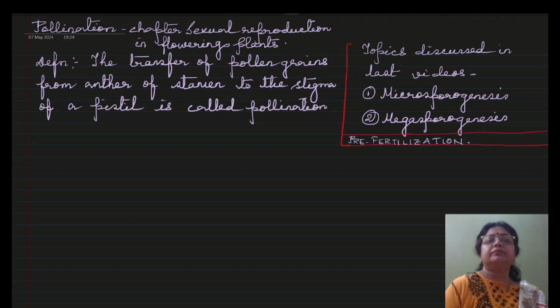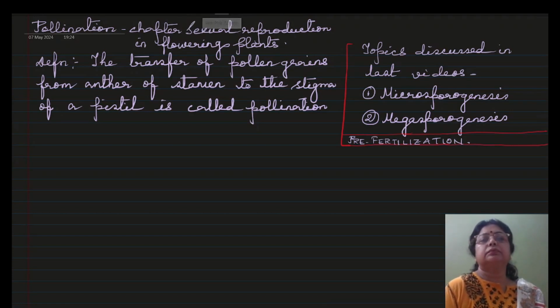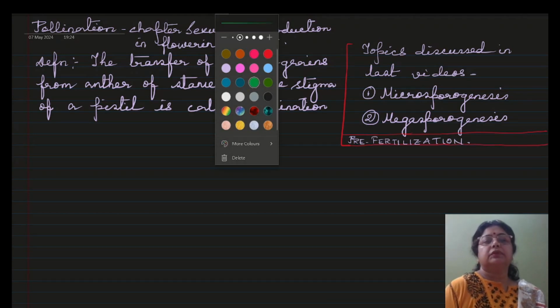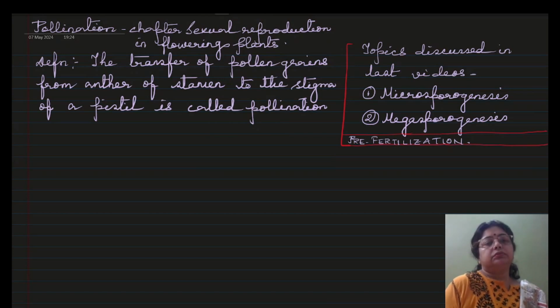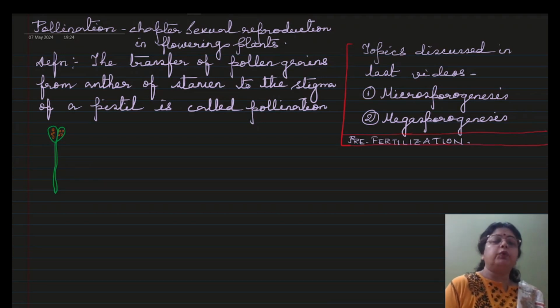It's very easy then. If I draw the figure, this is the anther of the stamen, and suppose these are the pollens. You know that the pollens remain inside the pollen sac; we already discussed the structure.